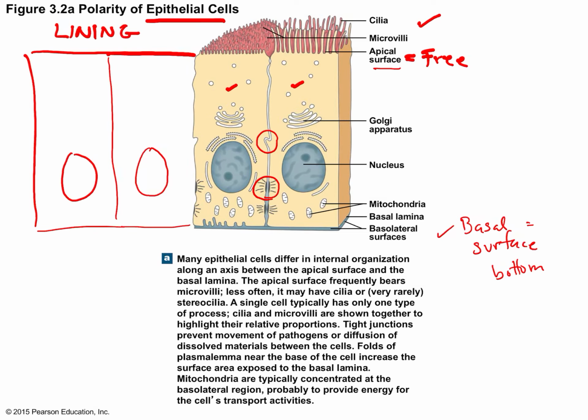So you see two bolded words there. Basal lamina is the same thing as basement membrane. In this picture, it shows you the gray line that I'm just now making red. That is made of carbohydrates and proteins. It's going to act like glue to anchor your epithelial cells to the connective tissue below it.